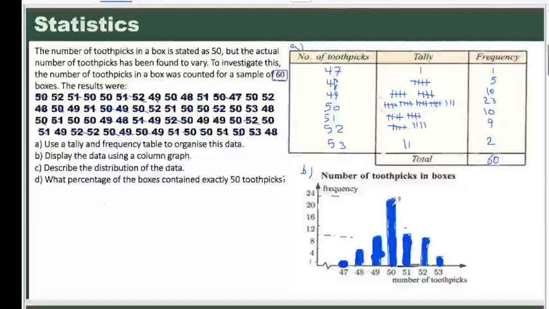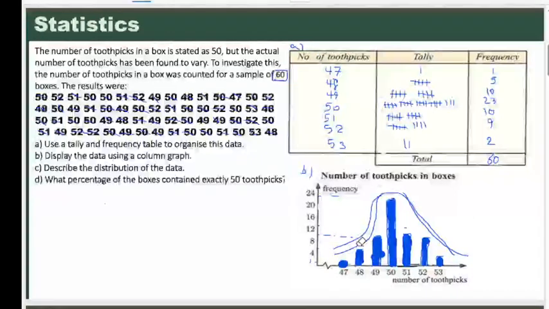If you look at the data on this graph, you will see it's a graph like this. So I can say it's approximately symmetrical, because it follows a symmetrical graph.